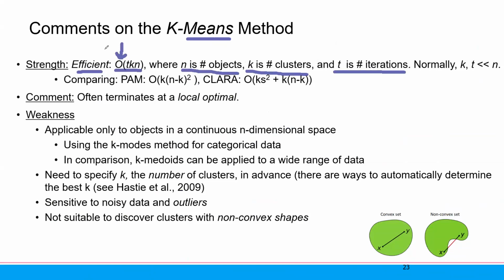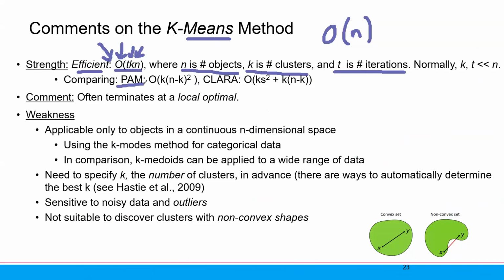If T and K are constant, then you can just assume big O of N. So it is still linear.